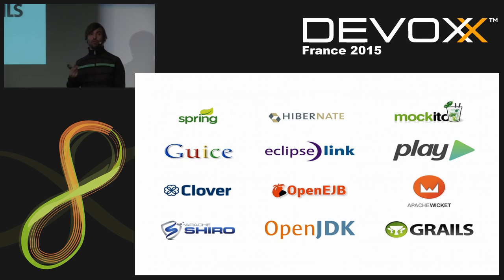Otherwise, Mockito gets control of the method call by adding its own code to the method. And I can go on like that forever. Play is a very good example. It's basically 50% code generation. And even the OpenJDK uses runtime code generation to implement lambda expressions. So it's something, at least with Java 8, you all use every day.